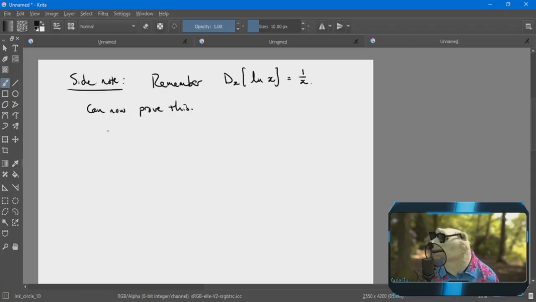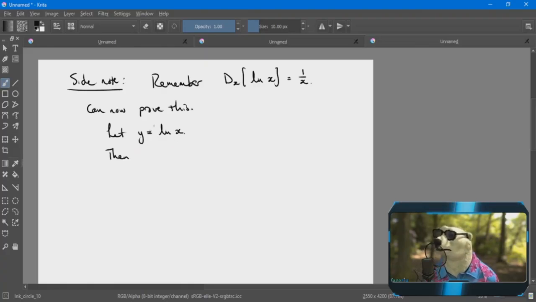So let's start by saying y is equal to natural log of x. That's our function. Then, something I've emphasized many times, we have to be able, for convenience really, to switch back and forth between a log equation and an exponential equation.